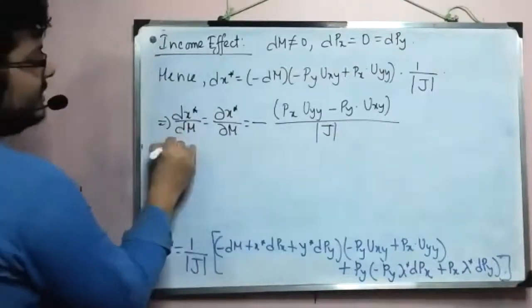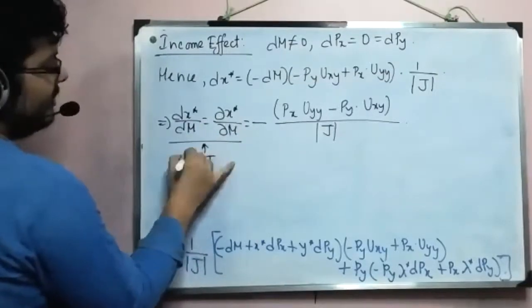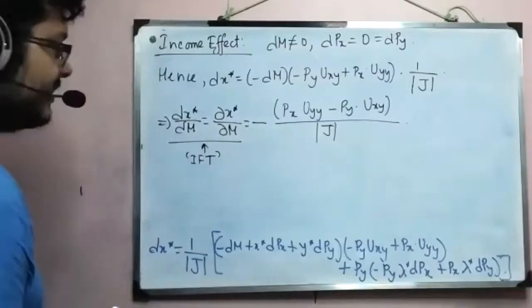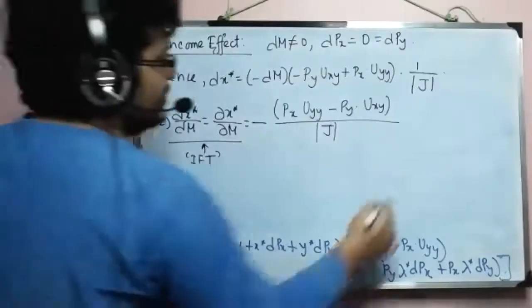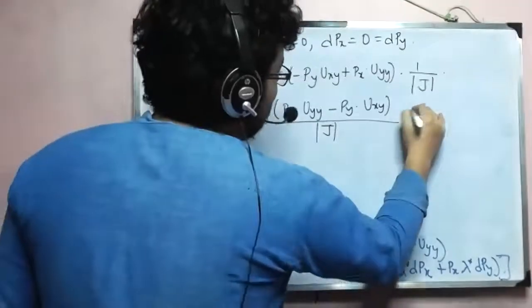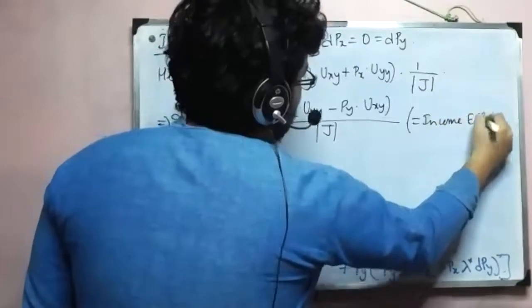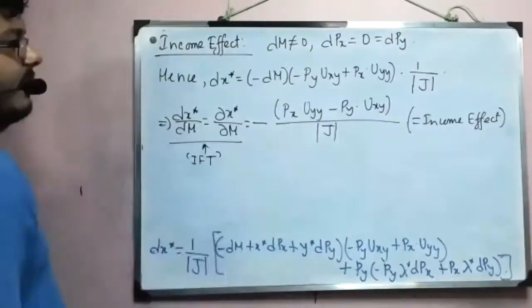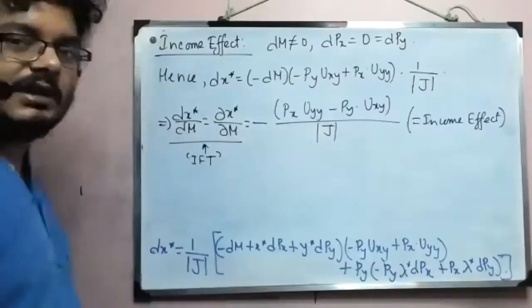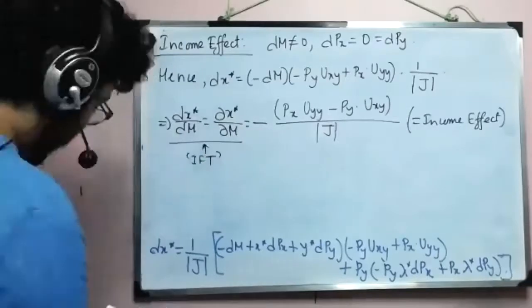In writing this, we have used the implicit function theorem. Now, obviously we are interested in the sign. So let me write this: this is our income effect. Write it down, because in the end we will want to see whether we end up with this kind of expression.